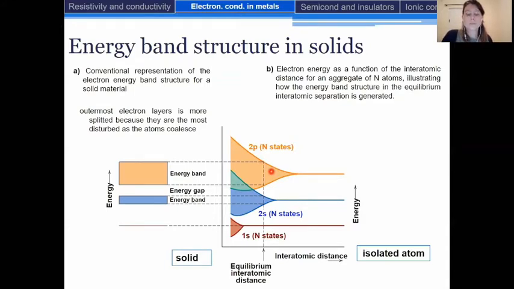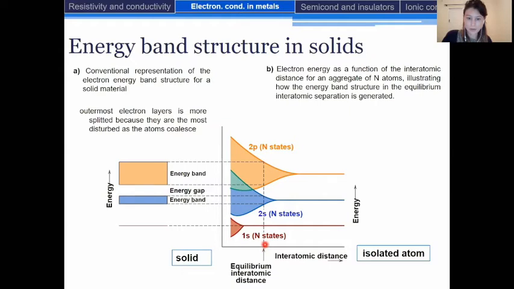And so, of course, when we are looking at the interatomic distance, we should consider that in a solid, we have an equilibrium interatomic distance between these atoms. And so we should have a look at what electron energies are found in the material.